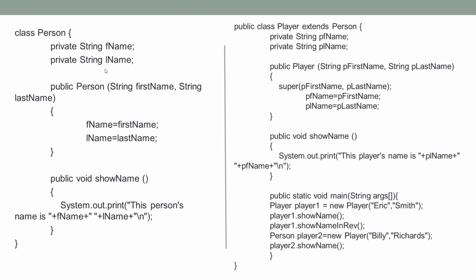And then in the person class, I will have a method called showName. No matter what values the user gives me, I want to use the showName method to show the person's first name and last name. Because this one is very similar to the previous lecture, I will not repeat the basic OOP concepts here.